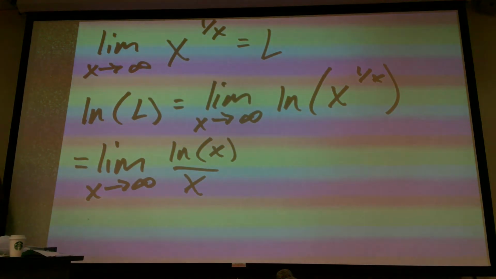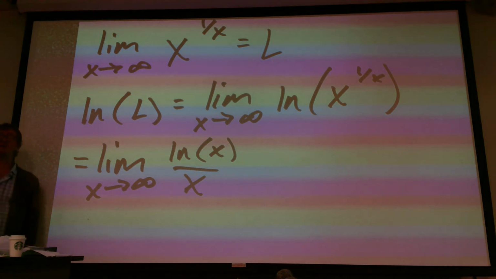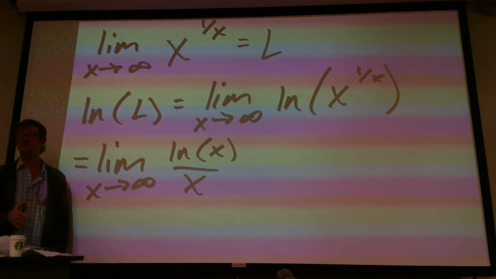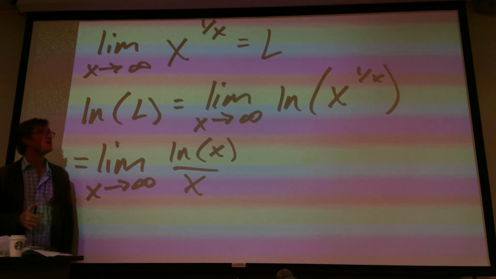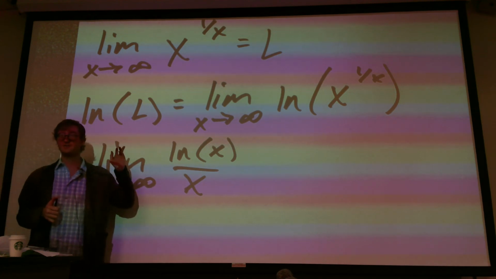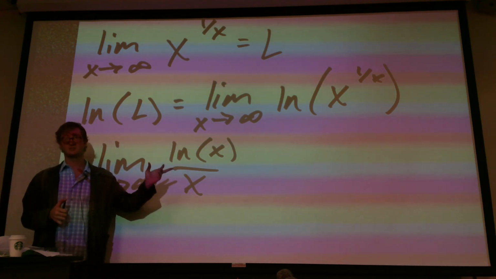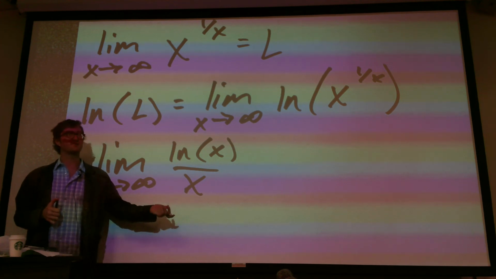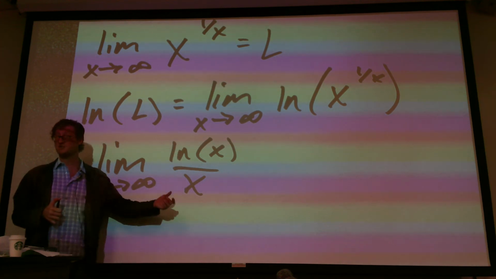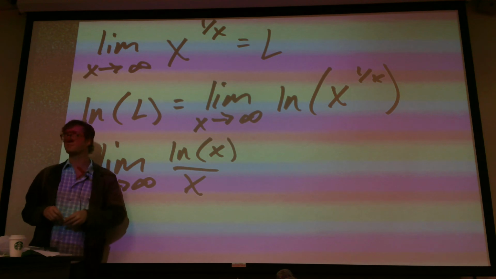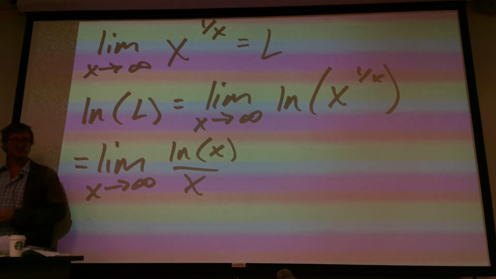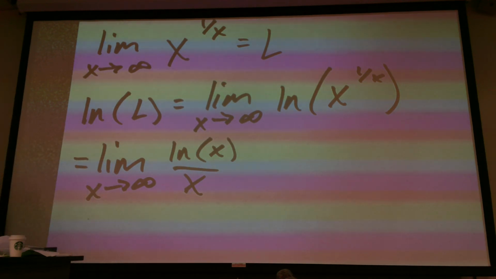We can ask ourselves, the natural log is headed towards infinity. That's the asymptotic behavior of it. It heads to infinity very slowly. Okay, x actually heads to infinity faster. So we have something that's moving slowly to infinity, something that's moving faster. So I can tell you this is going to 0, but we need to apply L'Hopital's rule.